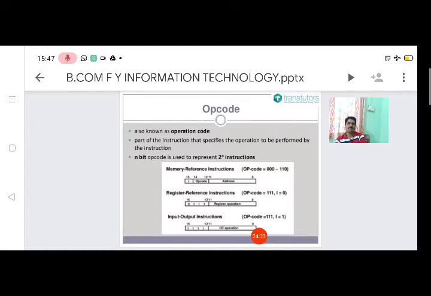A step up from toggling switches, code might be entered into a machine using a program called a monitor.